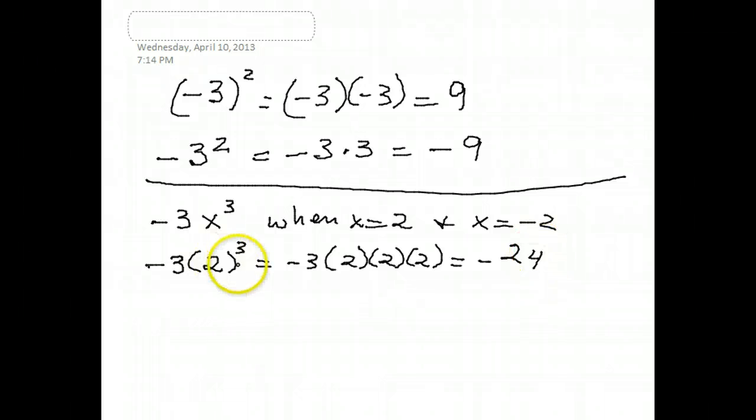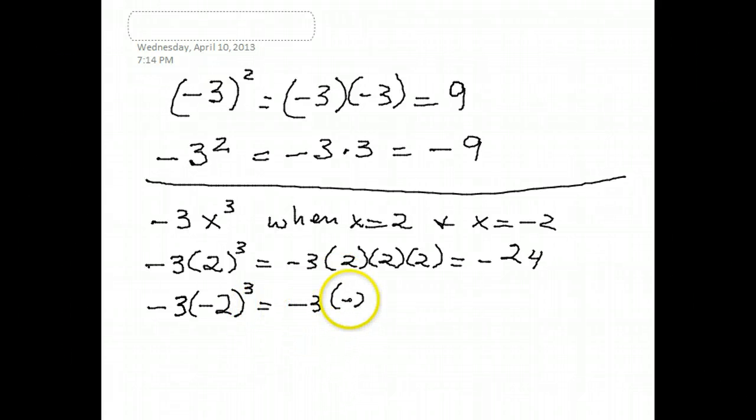Okay? Now let's see what happens when I replace x by negative 2. I'm going to have the same procedure here, but I'm going to put a negative 2 in here. So this is going to be negative 3, that's outside, times negative 2 times negative 2 times negative 2. 3 negatives multiplied by each other give me a negative.